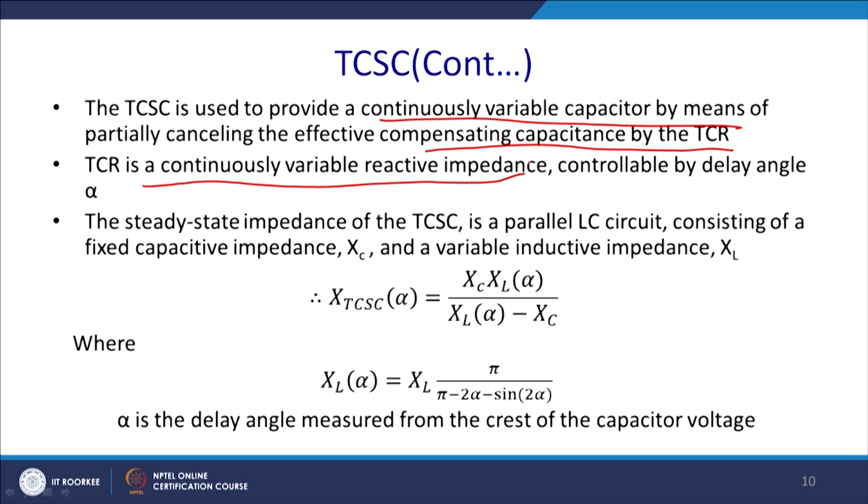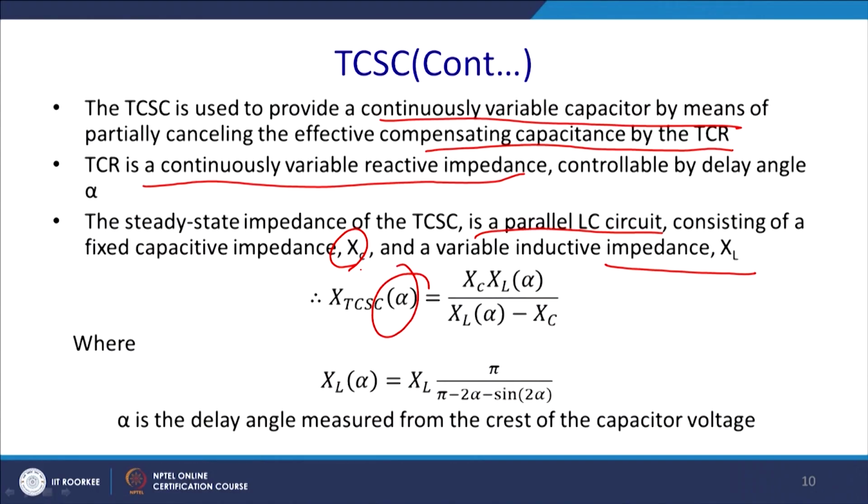The steady state impedance of the TCSC is a parallel LC circuit consisting of a fixed impedance XC and a variable impedance XL. So, overall impedance is given by, it will be controlled by alpha: XC XL(alpha) over XL(alpha) minus XC.